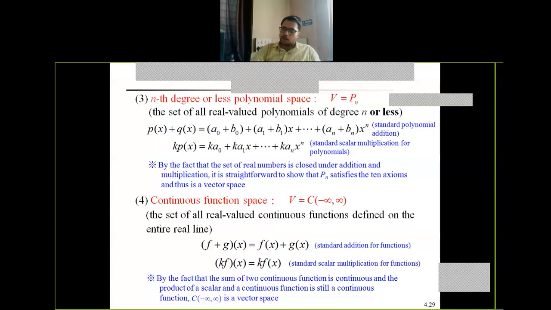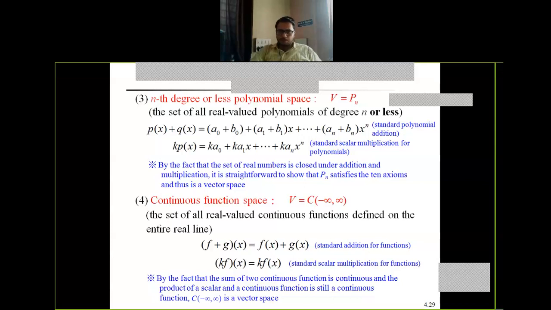That is, the result will be a real valued polynomial having degree n or less. That's why it satisfies the scalar multiplication operation, or we can say it is closed under scalar multiplication.